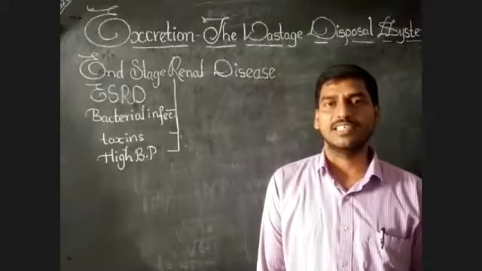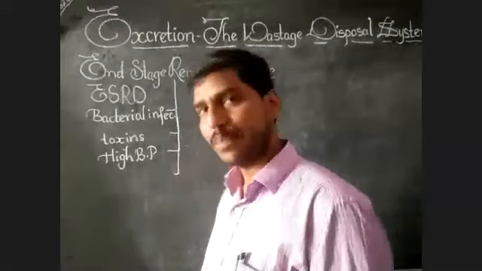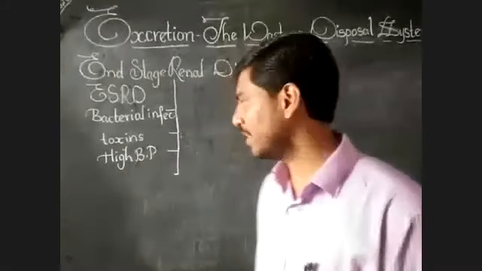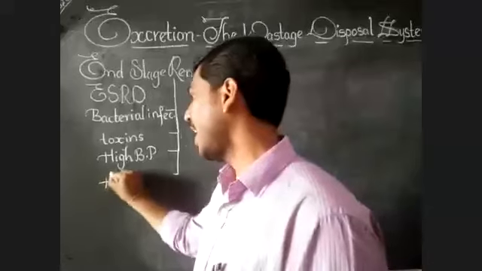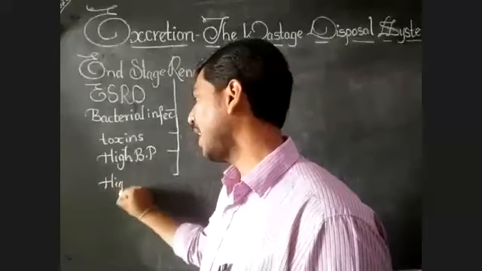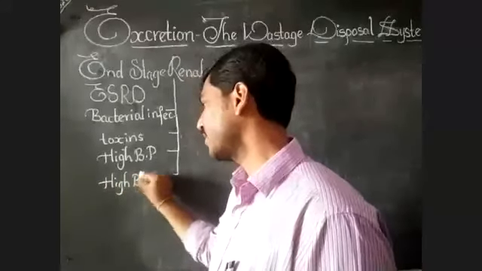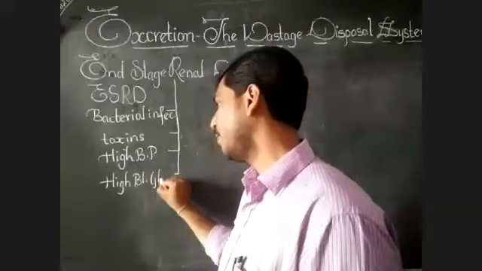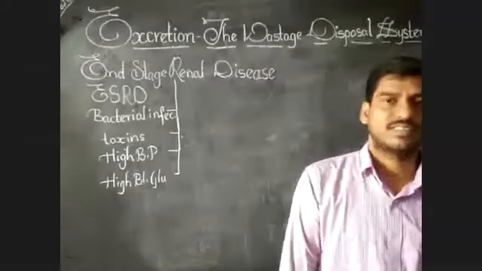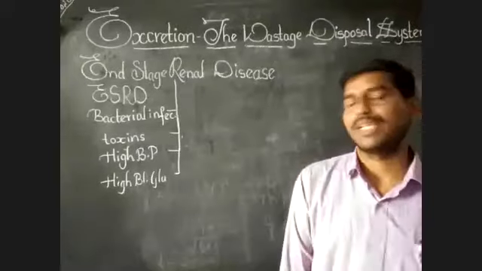So damage of those nephrons may take place. Then in diabetic patients, a high amount of blood glucose might be present. That also damages the kidneys.